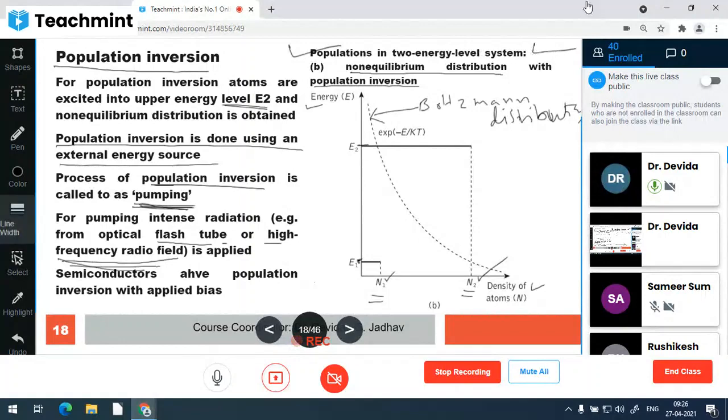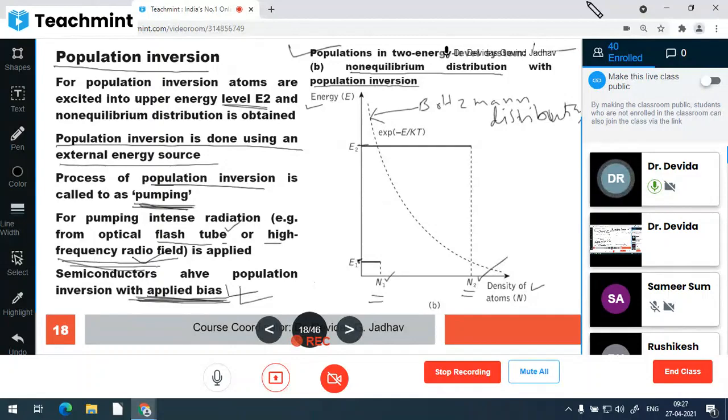Here semiconductors have population inversion with applied bias. In the semiconductor laser diode, population inversion is obtained with applied bias. This is very, very important. Pumping or population inversion can be done with very intense optical flashlight or radio frequency.